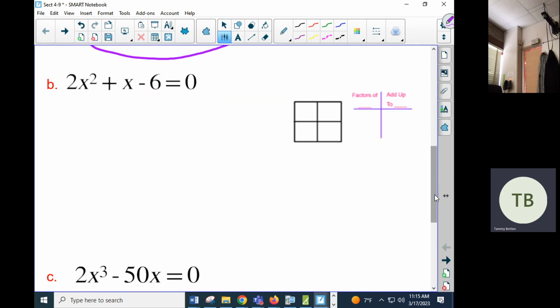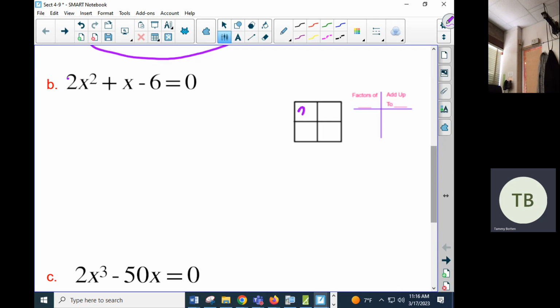Now, this one is one that I haven't shown you yet this week. And this is when you have a number in front of the x squared and you have to do trinomial factoring. Honestly, this is not something we do a ton of in here. I make up all your notes and all your tests and all your worksheets. And I don't do this much where I put a number in front of here. But I do want to show you how you would do that differently. So this is going to be trinomial factoring.